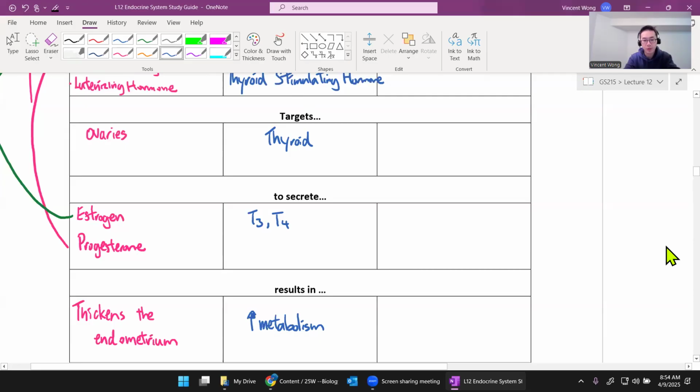Not related to metabolism, but related to homeostasis. That's right, it is calcitonin.